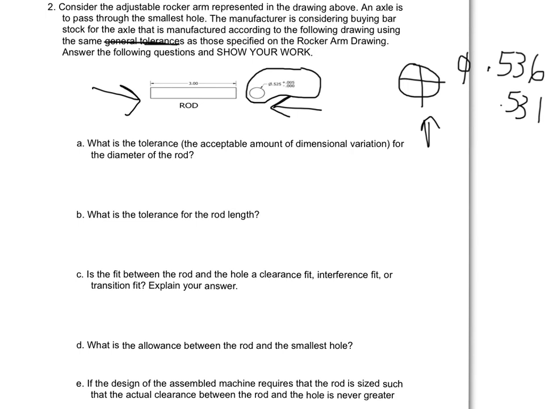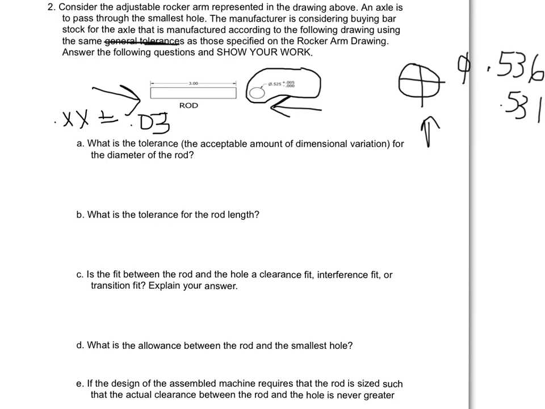I see that it says .xx equals plus and minus 0.03. I'm not sure if that's what it says, but that's what I'm reading, so we're just going to go with that. So when you have the rod length of 3, what's built into it is this plus and minus 0.03.